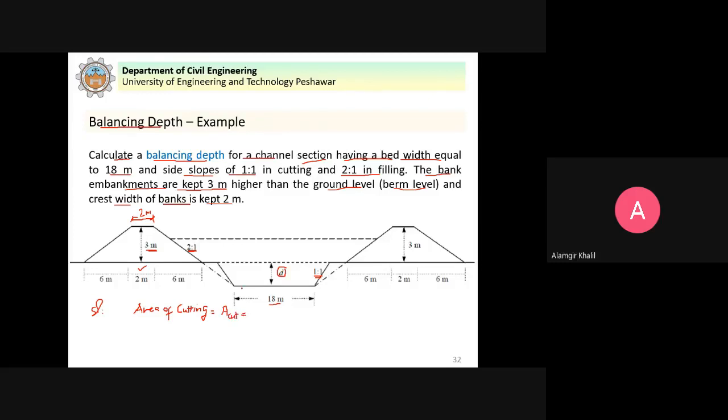Now you can see here that we have trapezoidal shapes. Similarly, for the filling, we also have a trapezoidal shape. If you know the formula for a trapezoidal cross section, we can directly use it. Let's say this is the side slope z to 1. We have this as the depth, let's say this is small d, and this is the bottom width.